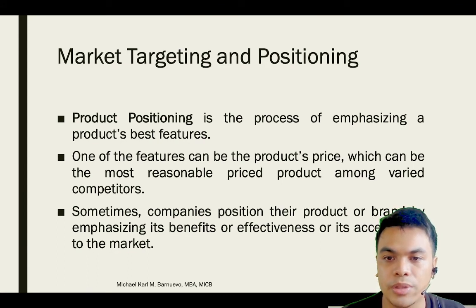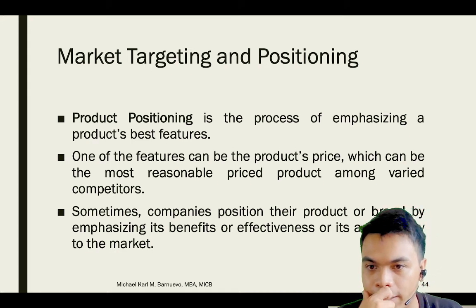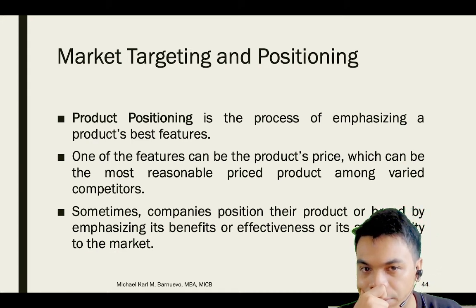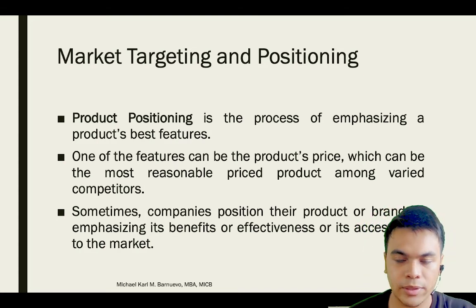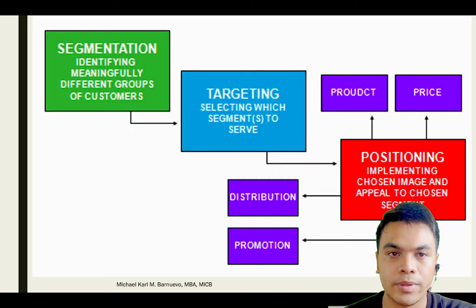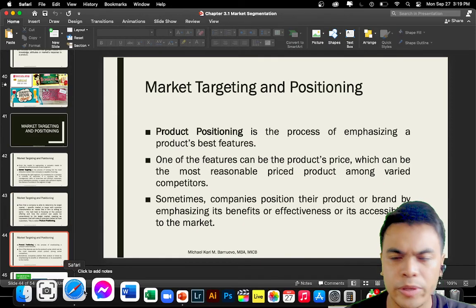Sometimes companies position their product or brand by emphasizing the benefits or effectiveness or its accessibility to the market. And most of the companies, even small businesses, focus on that. What could be the benefit to the consumer? Now, let's have some examples here.